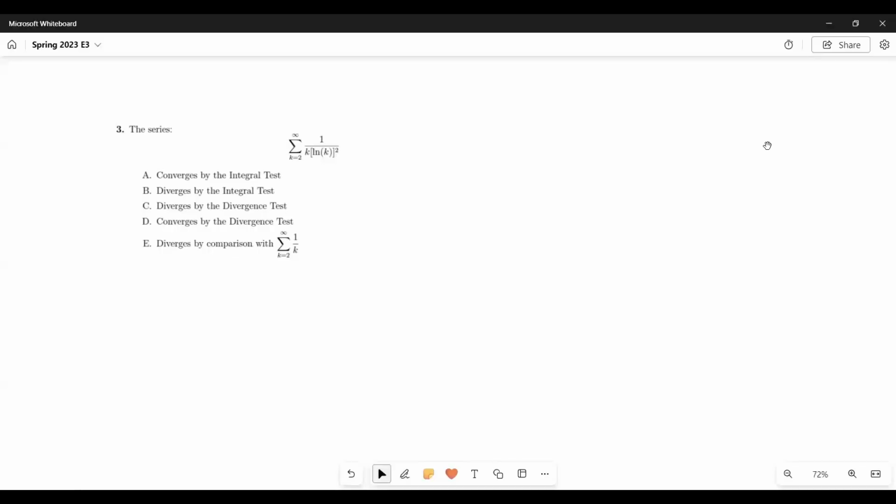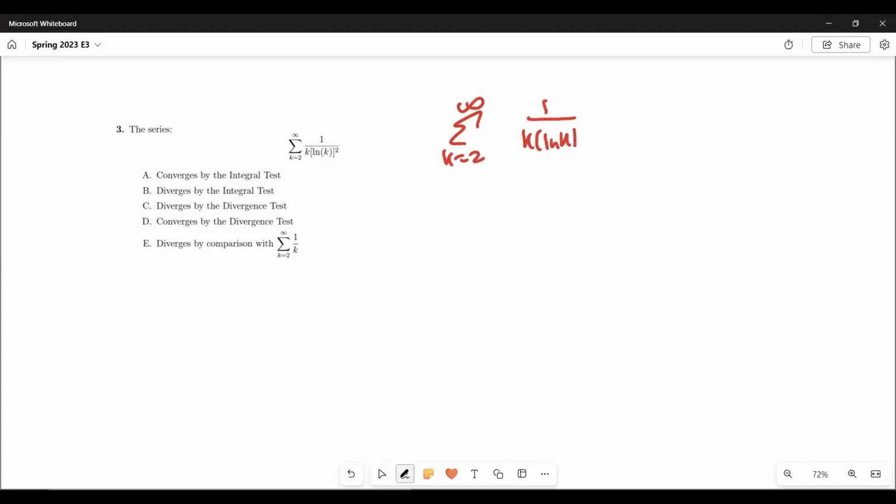Okay, this question has a series, and you have to evaluate whether it's converging or not. So let's see. The sum from k equals 2 to infinity of 1 over k (ln k) squared. So let's use the integral test. So it's going to be the integral of 1 over k (ln k) squared dk to infinity.